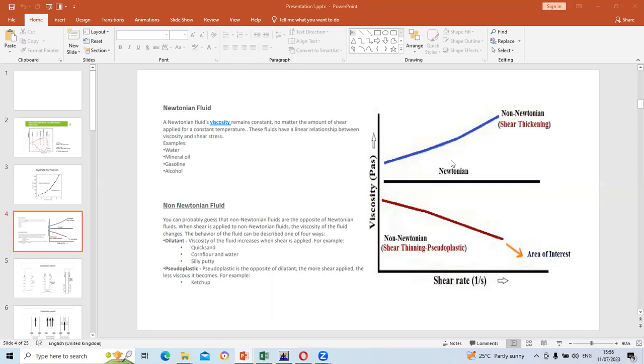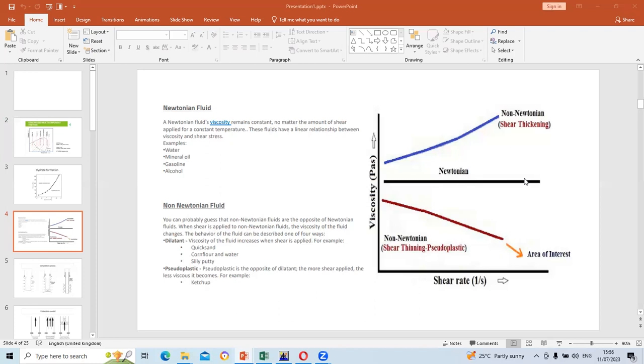When it comes to Newtonian fluid, no matter how you apply shear stress on the material, the viscosity does not change. That is the general behavior of our reservoir fluids, our oil, water, and gas.